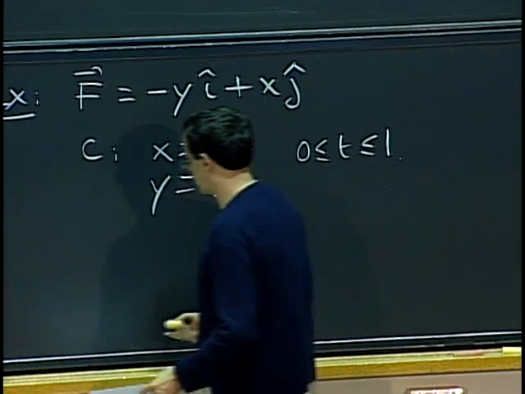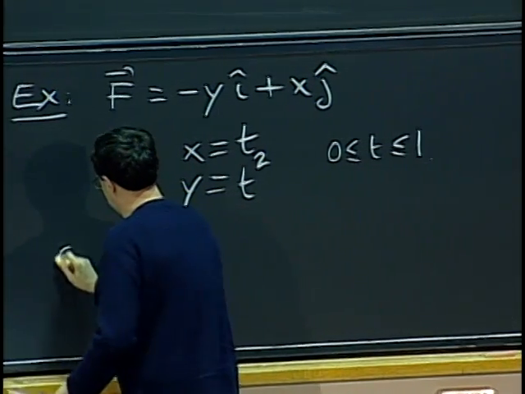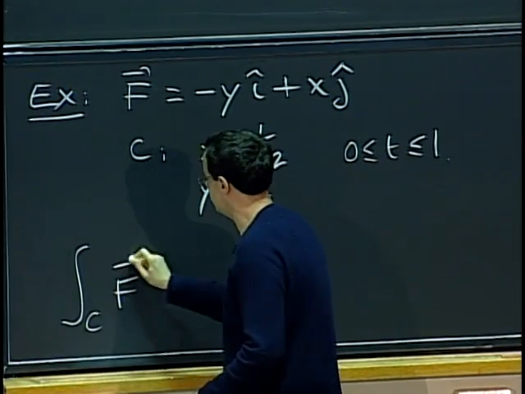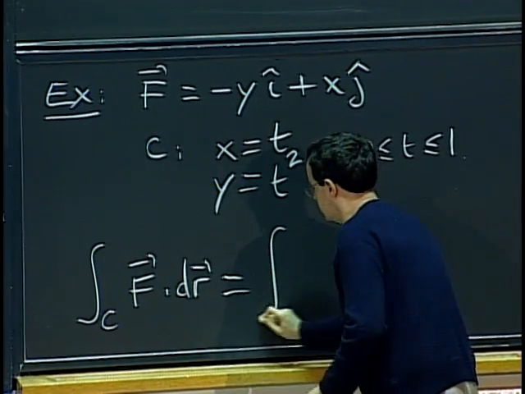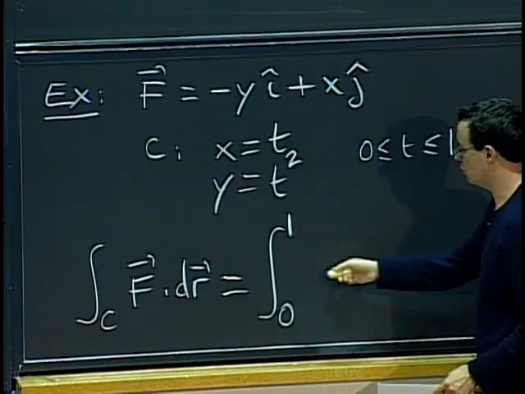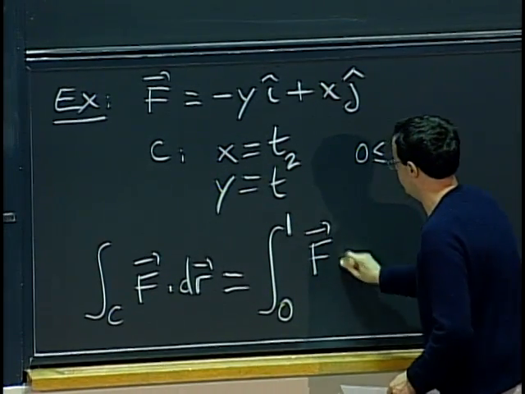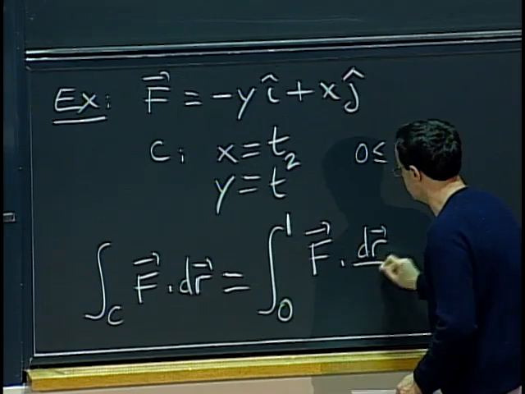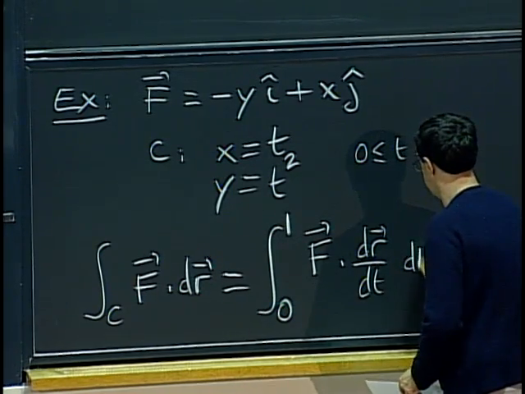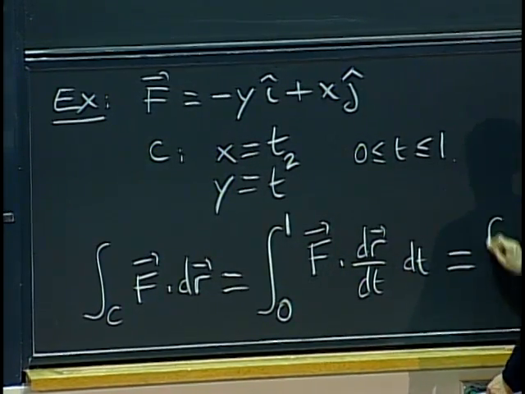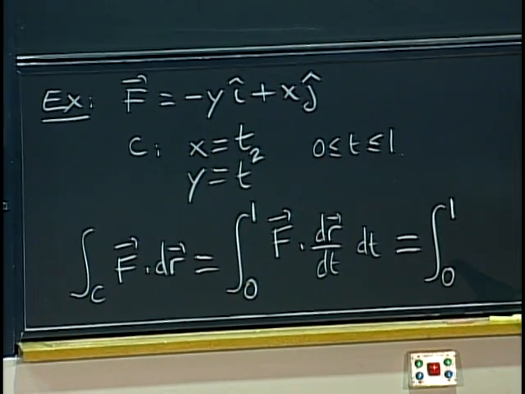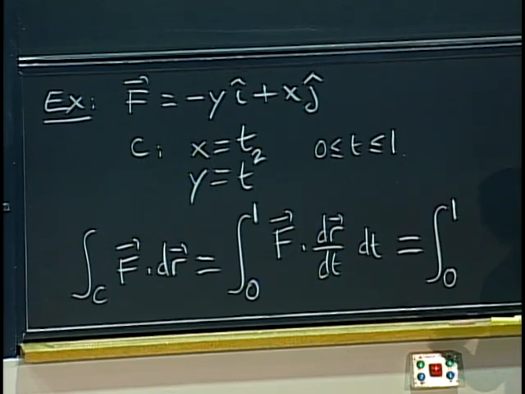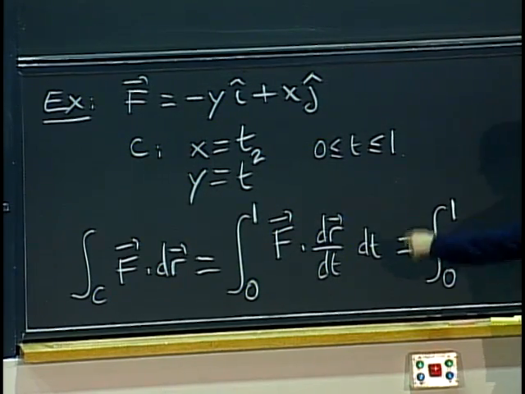So the integral along C of F dot dr will be the integral from time 0 to time 1 of F dot the velocity vector, dr/dt, times dt. Let's figure it out. What is F?